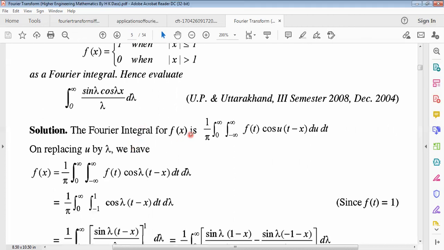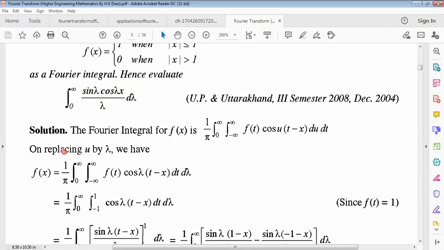Now the Fourier integral f of x is this. This is the formula from the Fourier integral theorem: 1 by pi, integral 0 to infinity, integral minus infinity to plus infinity f of t cos u(t minus x) du dt.